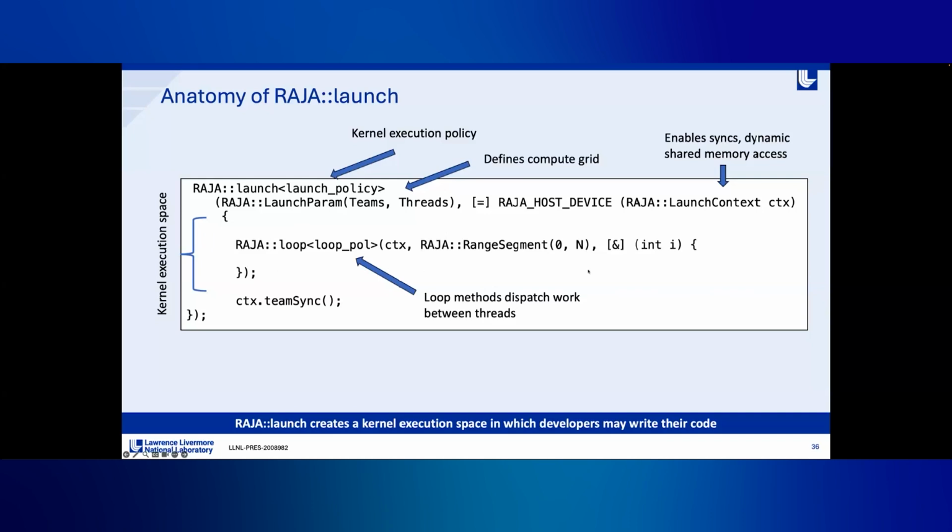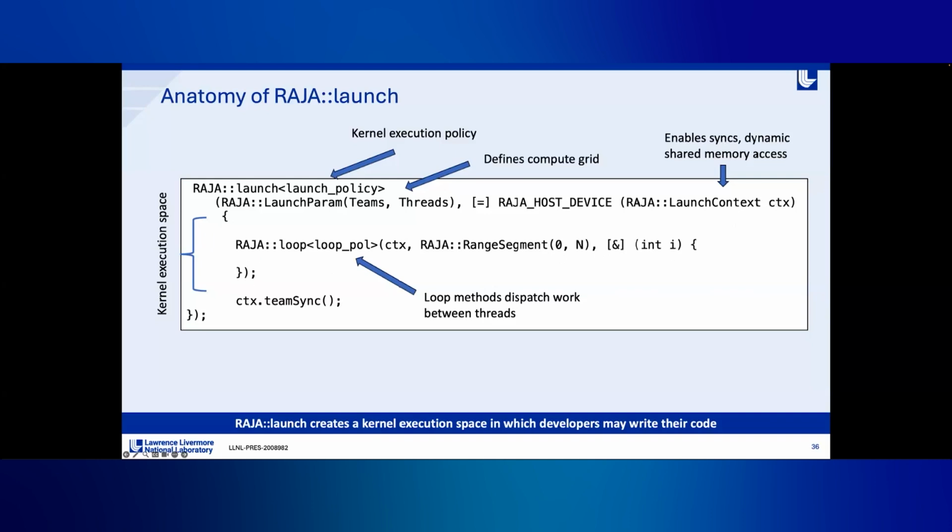Another difference between this Raja loop call and the normal Raja launch call is that for this innermost lambda, we're going to just capture things by reference. That's important because if we want to perform some team synchronization inside of this innermost lambda, we want to be doing that on the launch context that is passed as an argument to the outermost lambda, not on a copy of that.